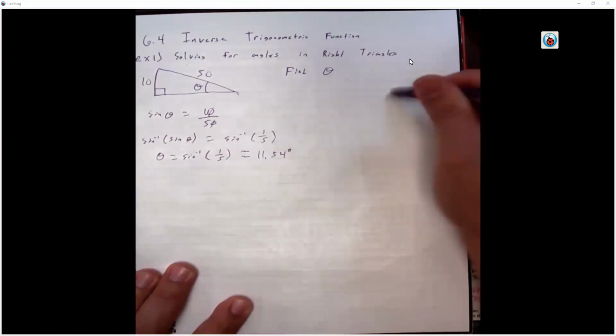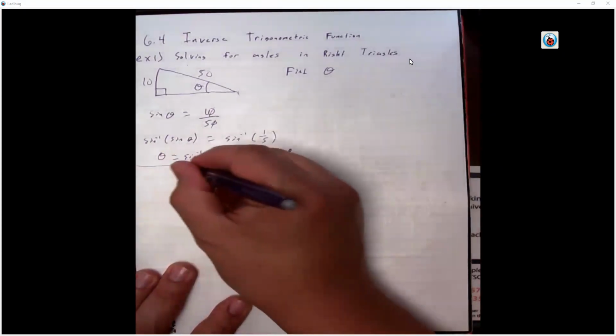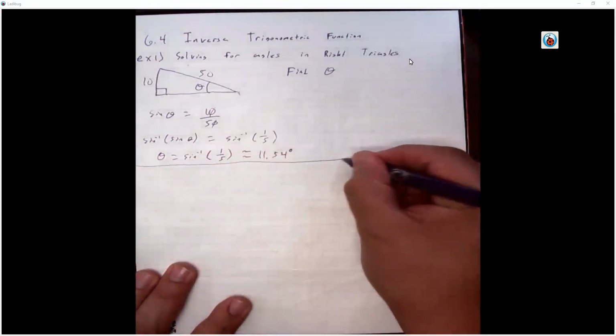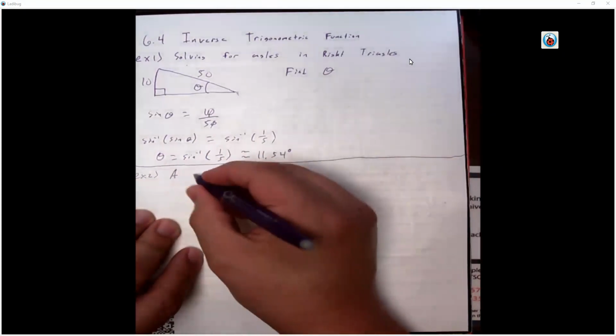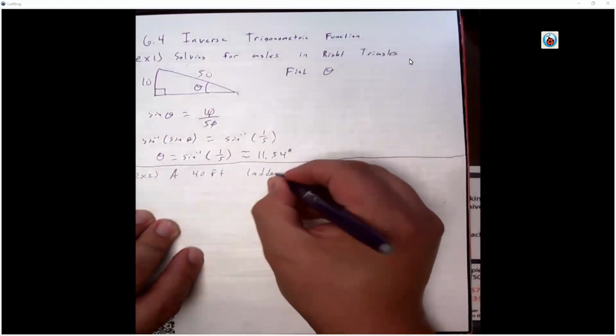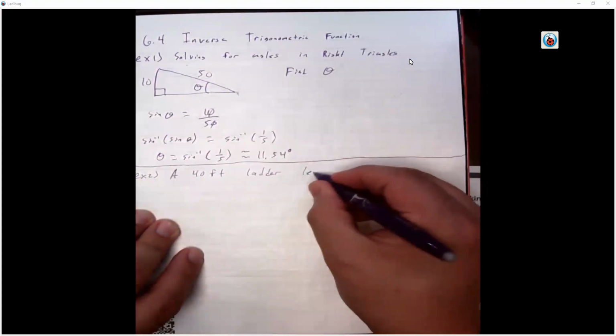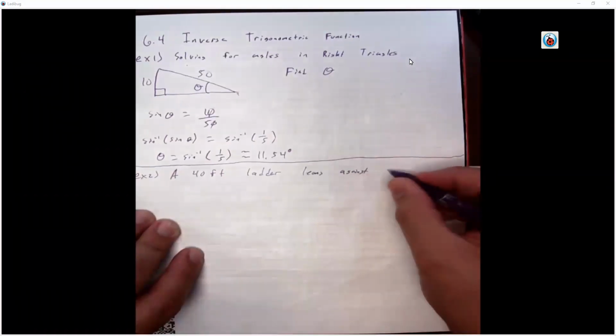Okay. Let's do a word problem. We've kind of already done this type of stuff. I don't want to spend too much time on this, so we get to the harder ones. A 40-foot ladder leans against a building.